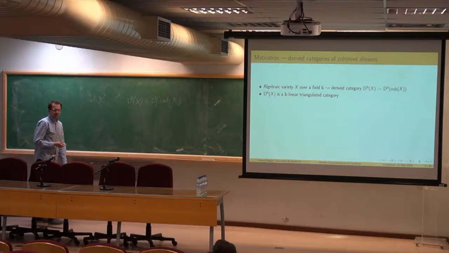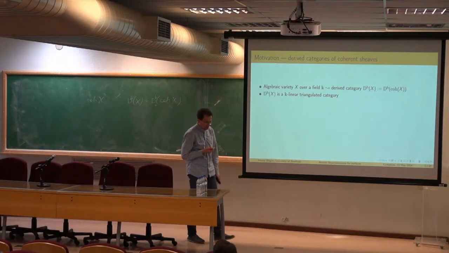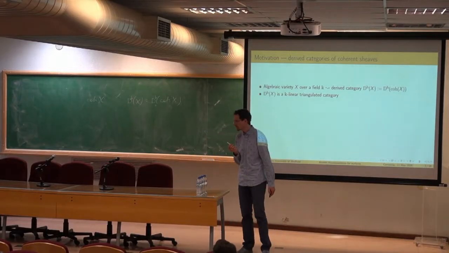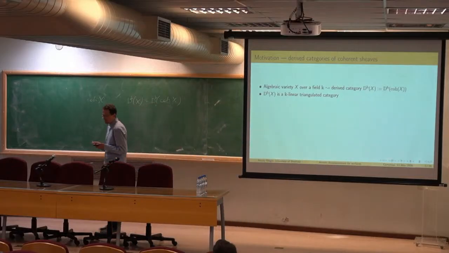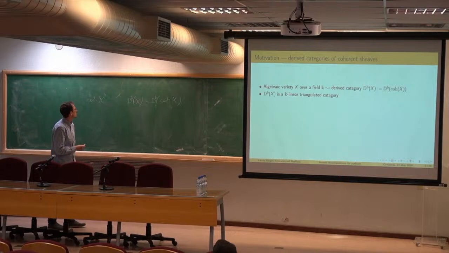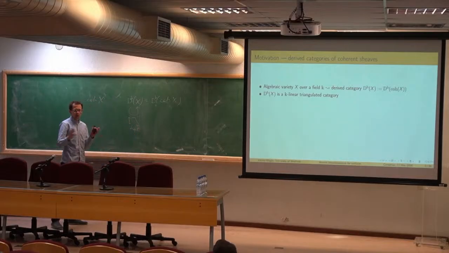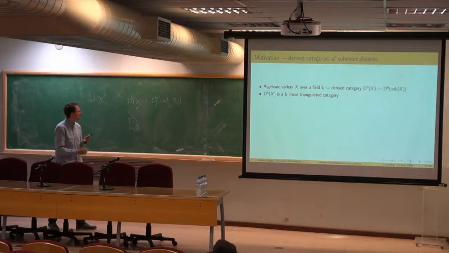The category of coherent sheaves is abelian, and the derived category of coherent sheaves is not abelian anymore. It has a nice structure called triangulated category. The structure is characterized by two pieces of data: an autoequivalence of this category called the shift functor, which takes a complex and shifts the grading, and a class of distinguished triangles.